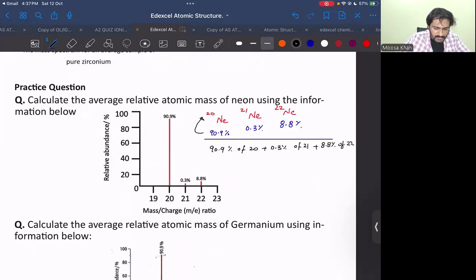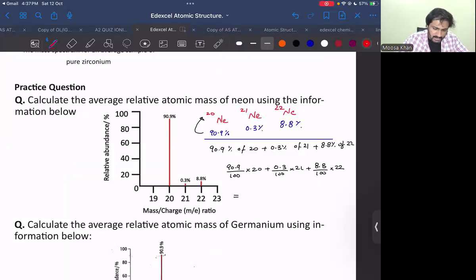To solve a percentage, we divide by 100: 90.9 over 100 times 20, plus 0.3 over 100 times 21, plus 8.8 over 100 times 22. When we solve this, we get the average mass of all the isotopes of neon.